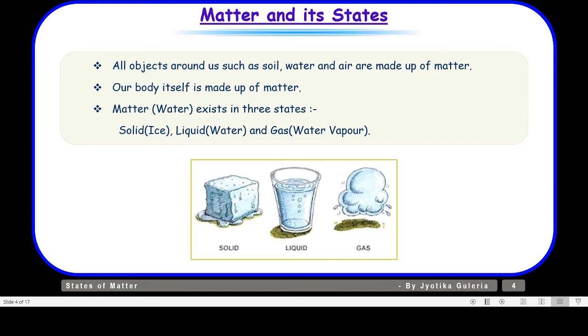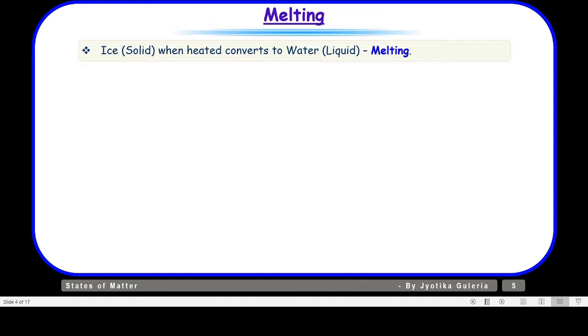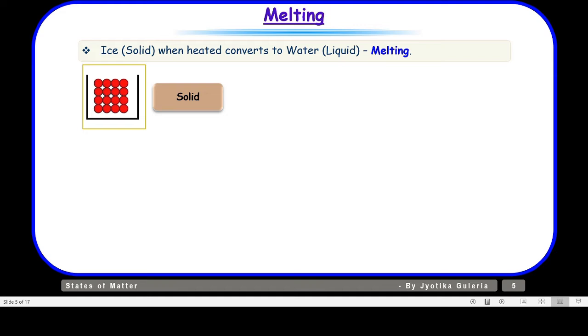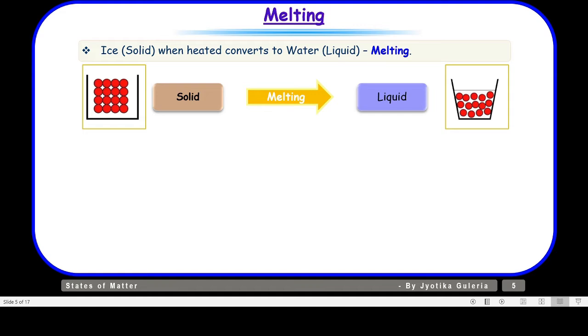So now let us take up the first process, and that is melting. Ice, which is a solid form of water, when heated converts to water or liquid, and this process is called melting. As you can see here, the arrangement of particles in case of solids is closely packed, and on heating they melt to give rise to liquid.